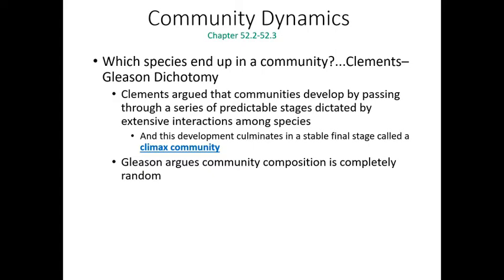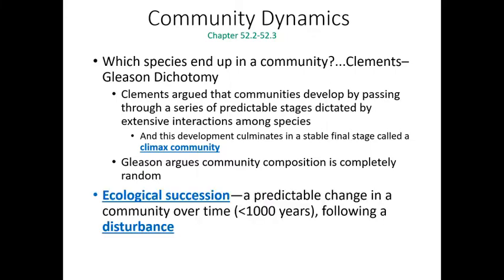And so your book describes in pretty good detail experiments that explored this dichotomy, and long story short, it's somewhere in the middle. Every community is going to be somewhat different. You're never going to see exactly the same species richness, no matter, you know, where you're looking, even within the same abiotic conditions.